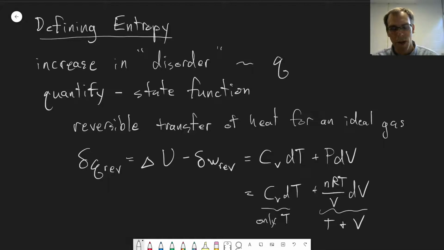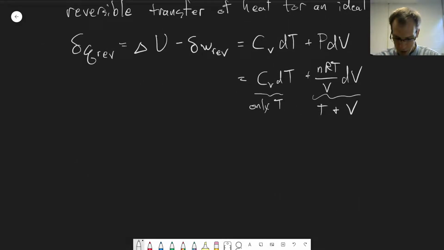But what if there was a way we could rewrite this and make it so that temperature was only in one term and volume was only in a different term? Then we would have an exact differential. And so what we can do is divide through by temperature. So divide by temperature for the whole equation.